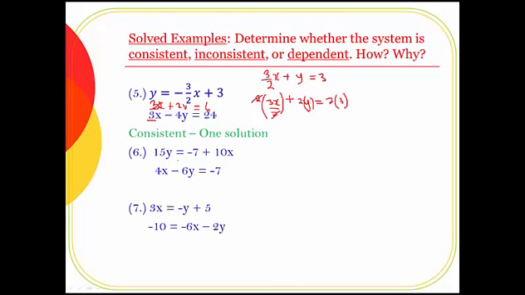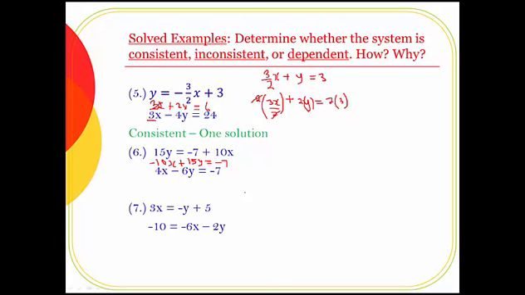Question 6. Let's line this up. If we bring this over here, that will give us minus 10x plus 15y equal to minus 7. I can look at this right now and say that you're being inconsistent.